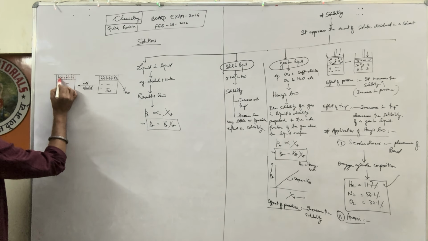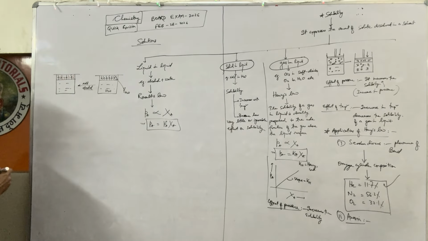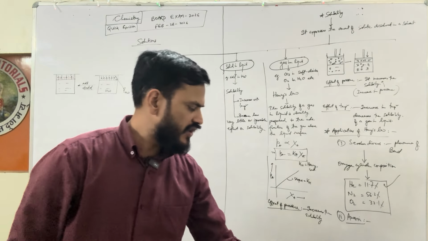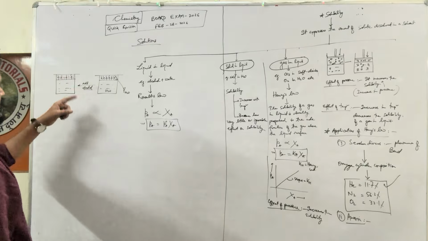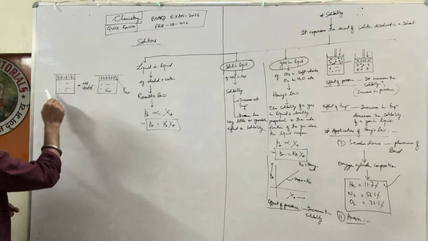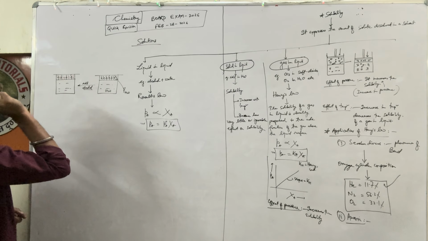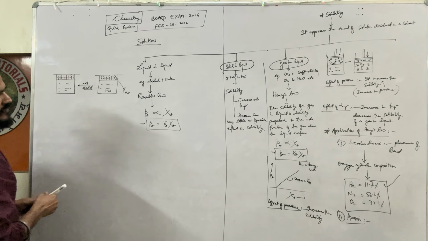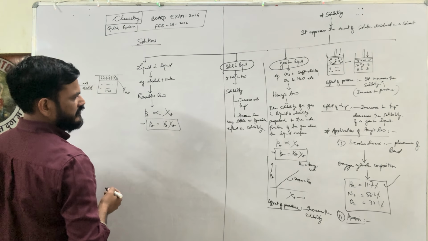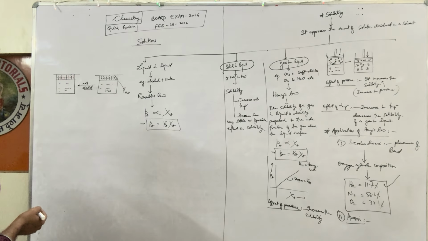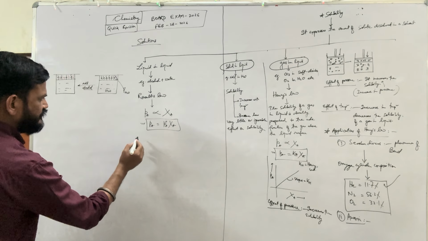So you see the vapor pressure contribution from water falls. It depends on the amount of water present in the solution. So this is pure vapor pressure. We could plot a graph for it.